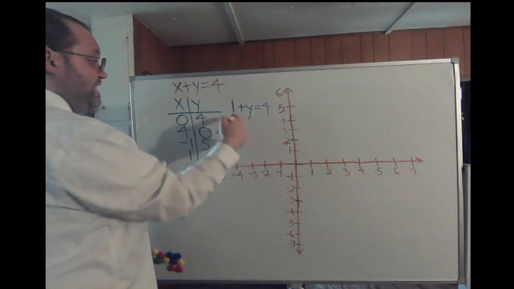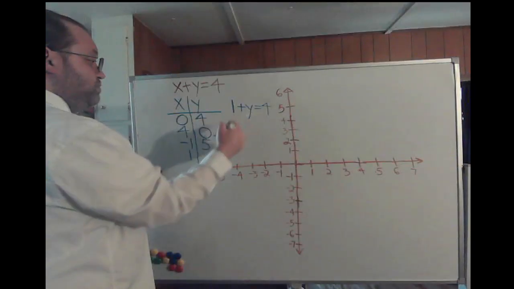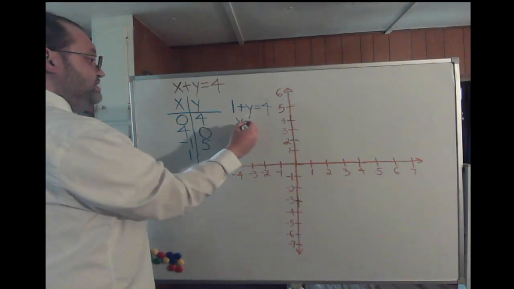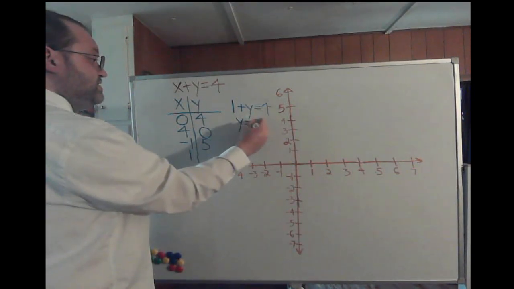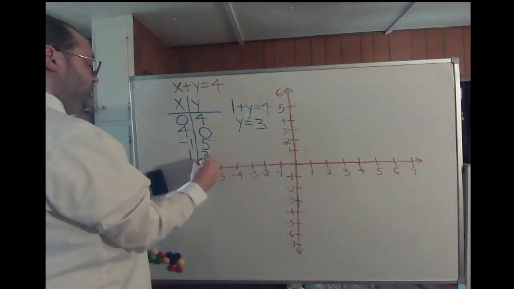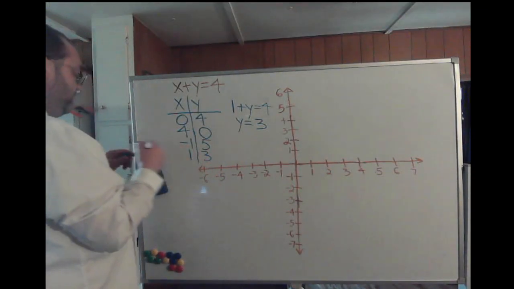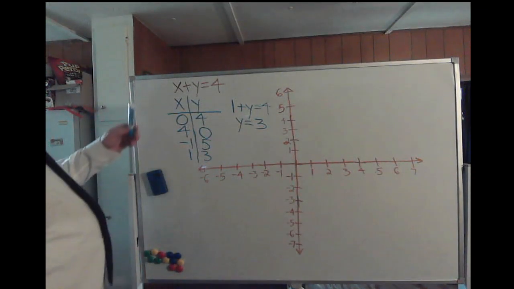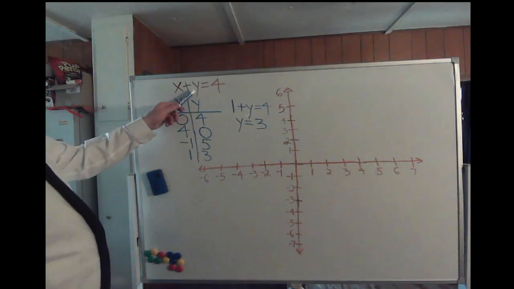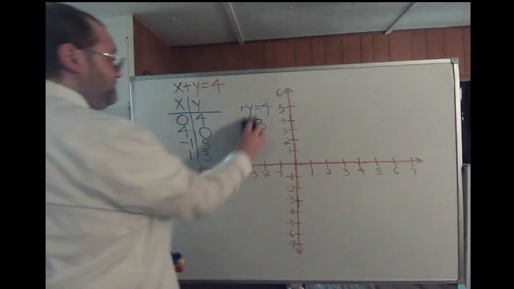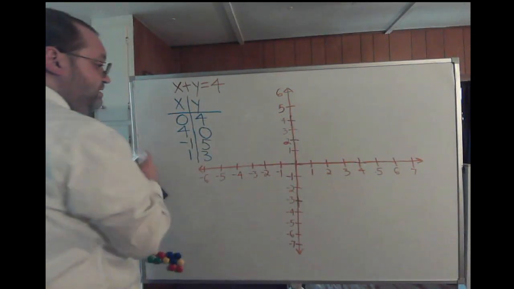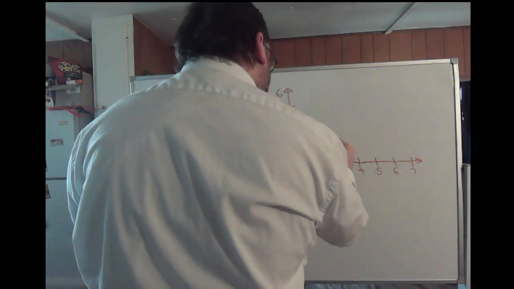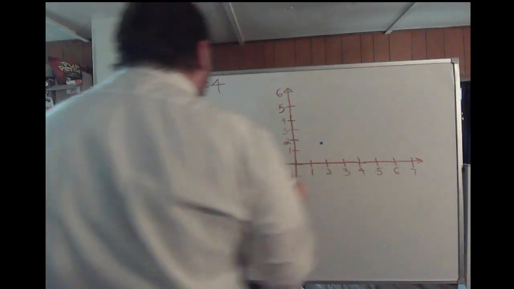So you'll just subtract 1 from both sides. You subtract 1 from the left side, you'll get y is equal to 4 minus 1, which is 3. We could take it a step further. We could know that when x is 2, y would also be 2, because 2 plus 2 is 4. In fact, we'll use that. Let's use 2, 2. I think that'll prove a nice smooth connection. We'll have a fifth point.